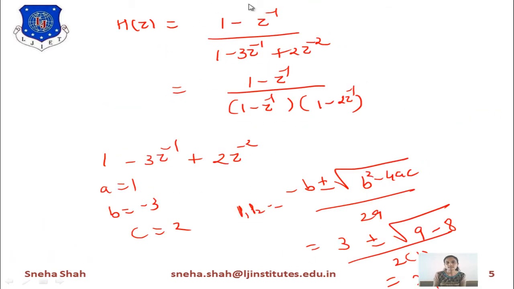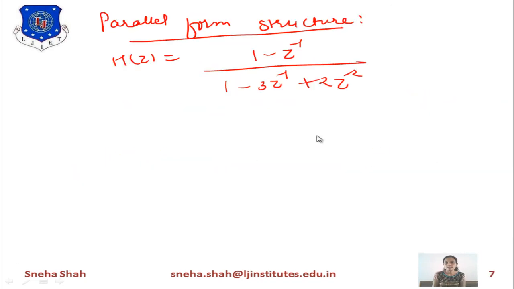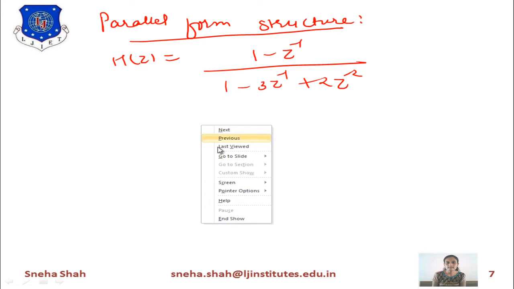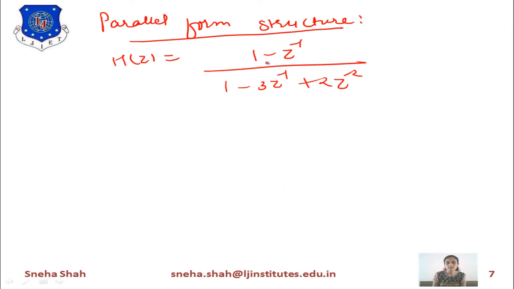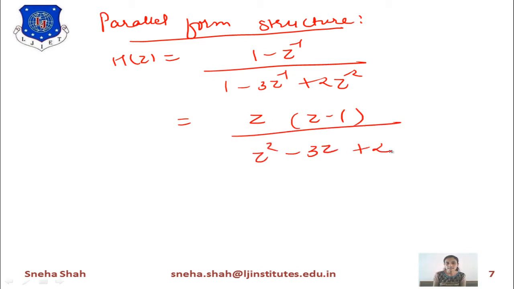This equation comes from the earlier one. If you can't factorize it, first convert it in terms of z: z minus 1 upon z square minus 3z plus 2.